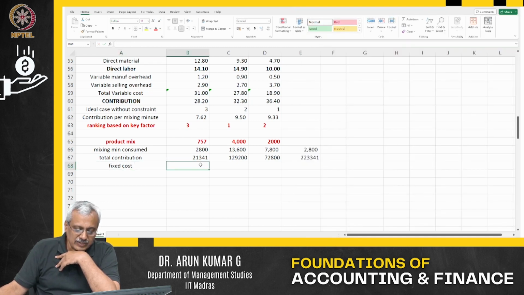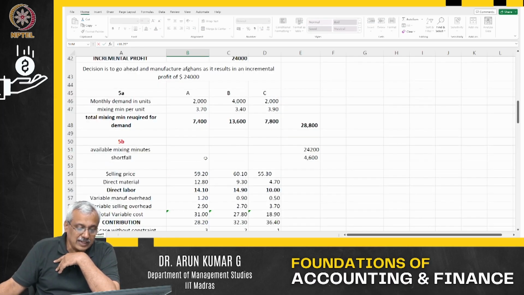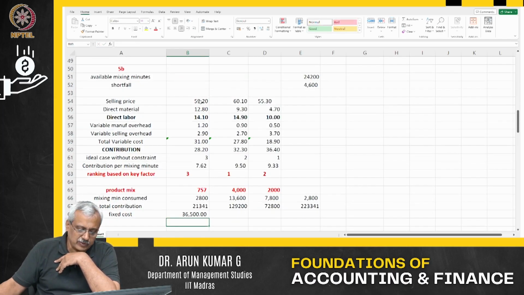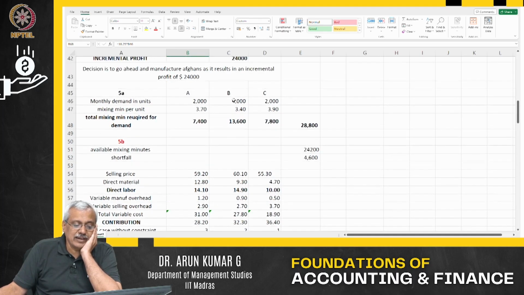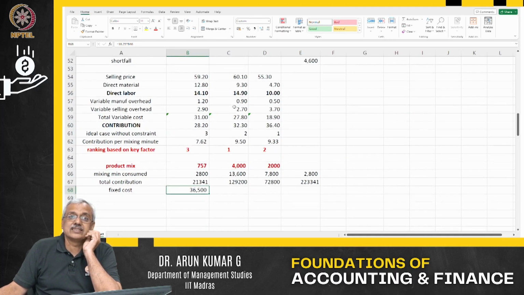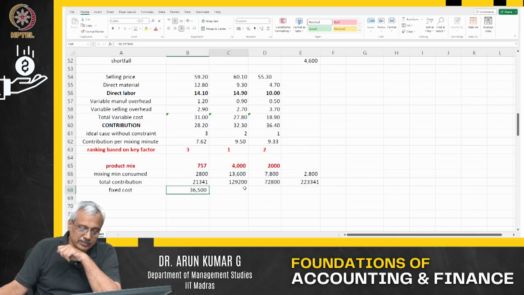My fixed cost is going to be 18.5 into the ideal number of units that I would have manufactured. And this fixed cost will continue even if you do not manufacture product A, because it will have to be borne by some other product. So the fixed cost is fixed irrespective of whether you manufacture or not.